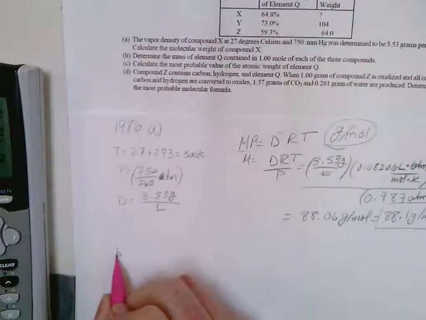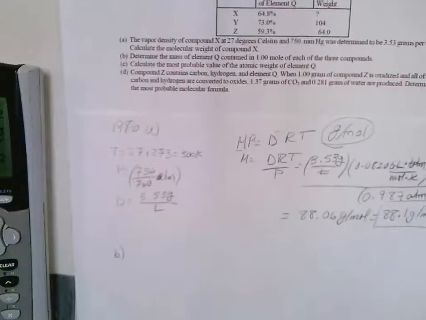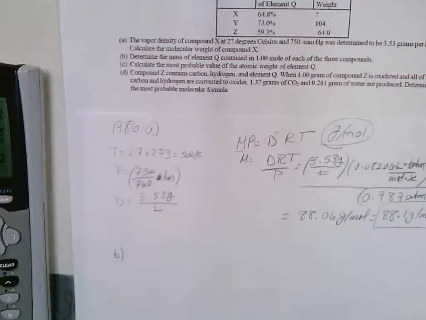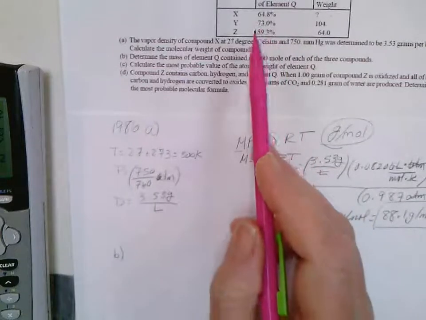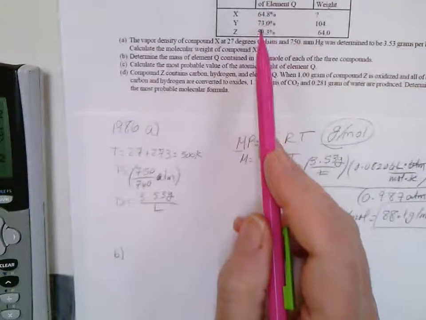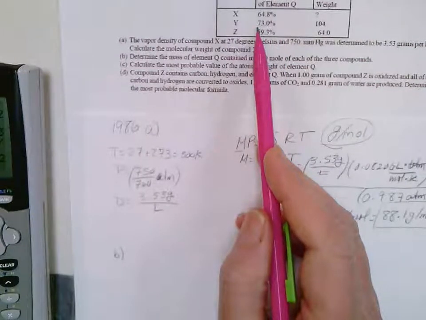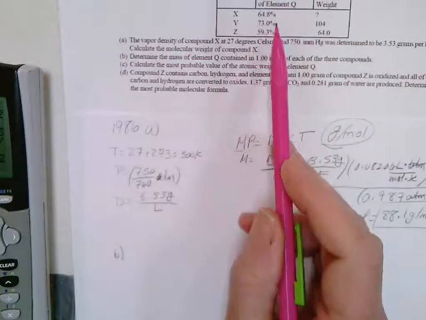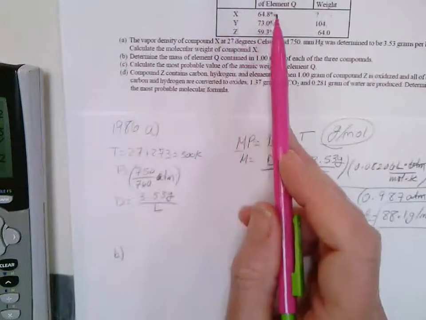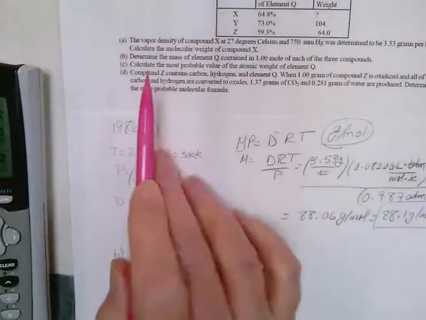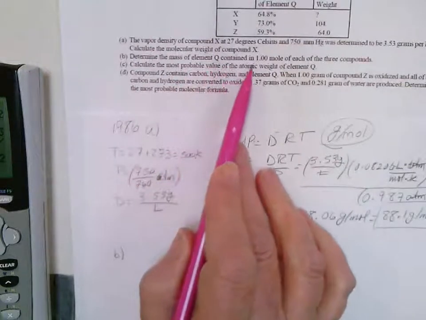So B says I want to find the percent of Q in the compound, I can convert that to grams. If I just assume a 100 gram sample, that means I have 64.8 grams in 100 grams of that compound. And if I then take care of the units in terms of molar mass, I can get how many moles I have in that compound. And it's asked me to determine the mass of element Q contained in 1 mole.